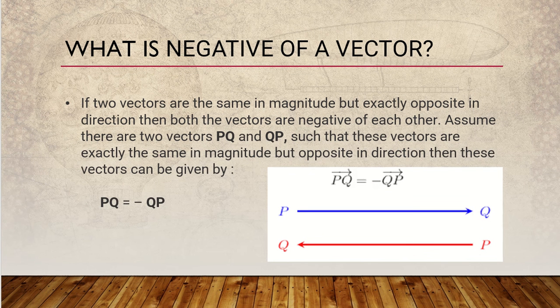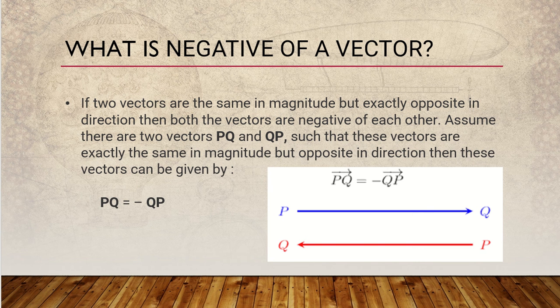Now, the next type of vector is negative of a vector. What is negative of a vector? If two vectors are the same in magnitude but exactly opposite in direction, then both the vectors are called negative of each other.